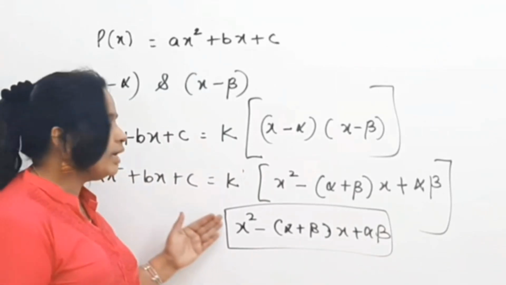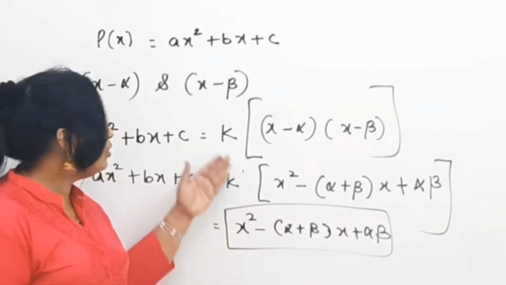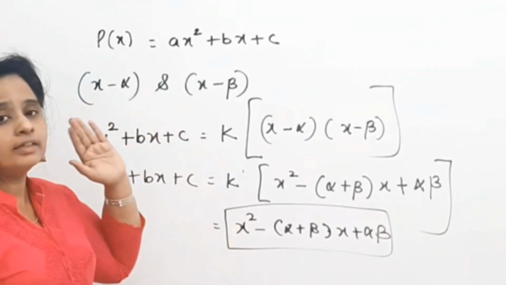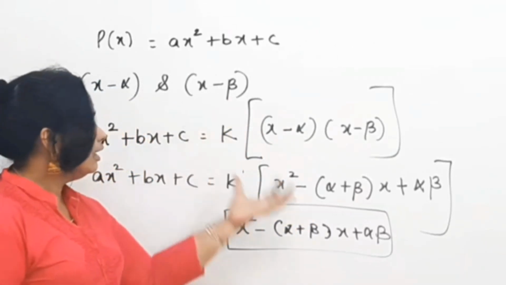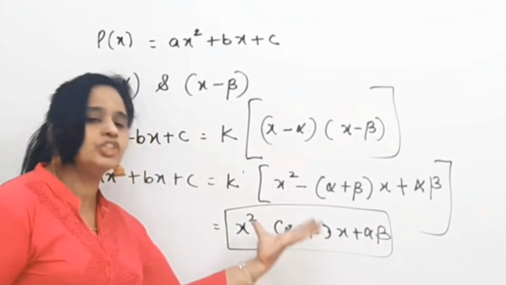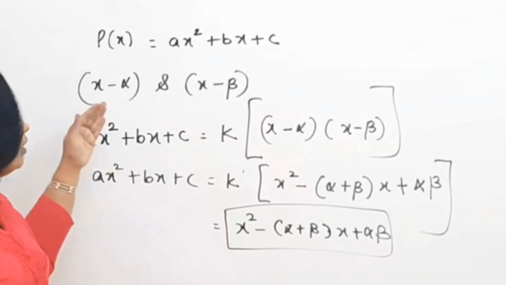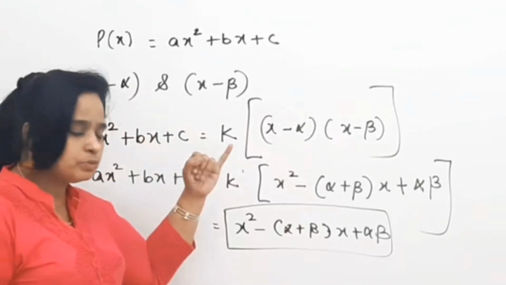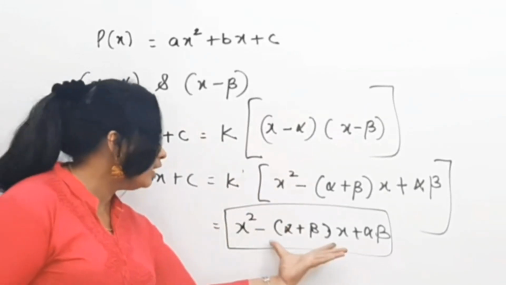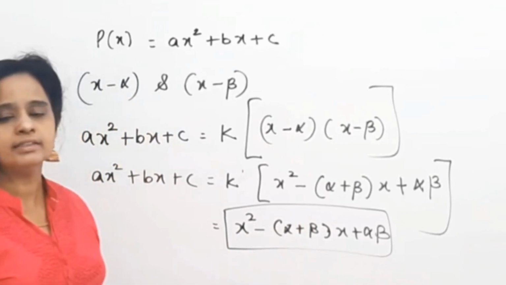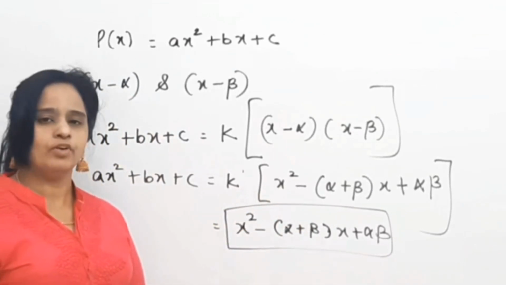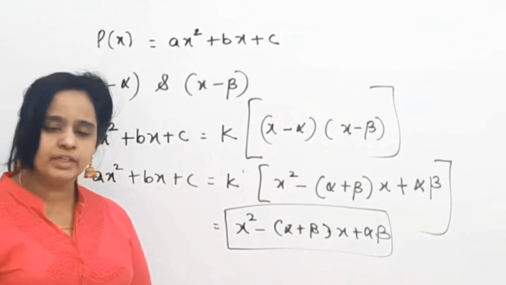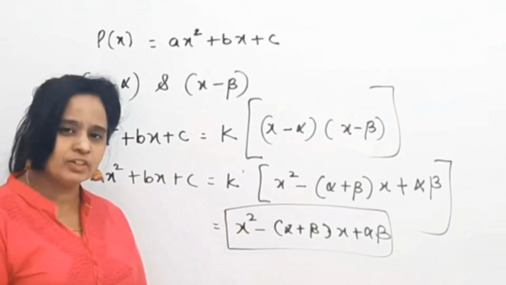So the polynomial can be written when your alpha and beta are the zeros given, then using this information, you can get your polynomial. So when alpha and beta are given, you will find alpha plus beta, you will find alpha beta, just substitute in this standard form, you get your polynomial. Shall we move on doing the questions based on this concept?